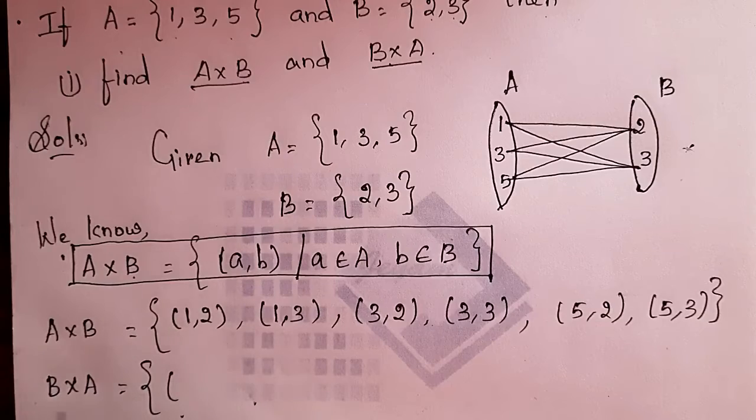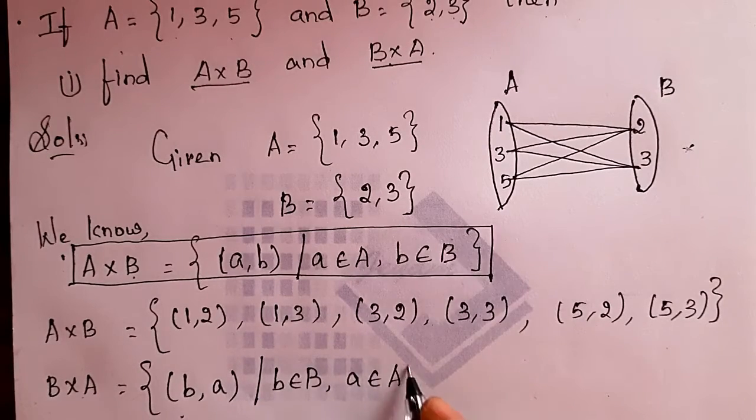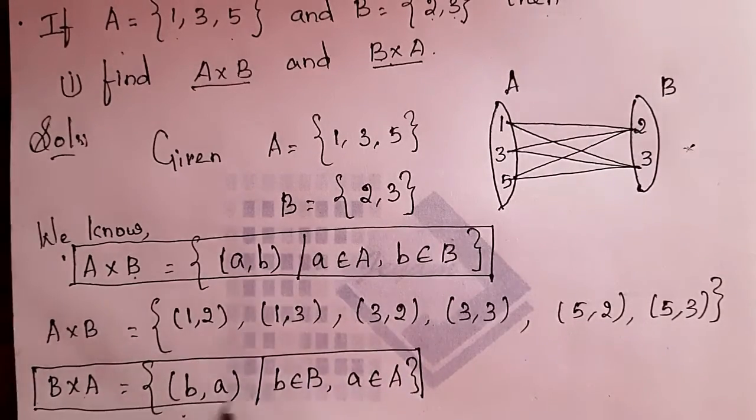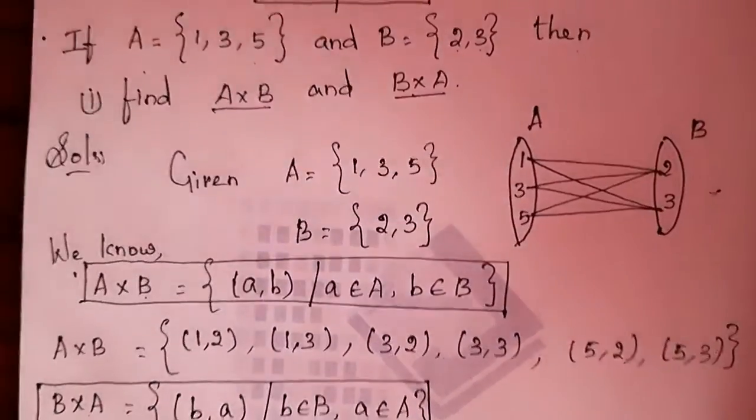Set of all, first element from B, second element from A, such that b belongs to capital B, a belongs to capital A. So every element is going to be like this.